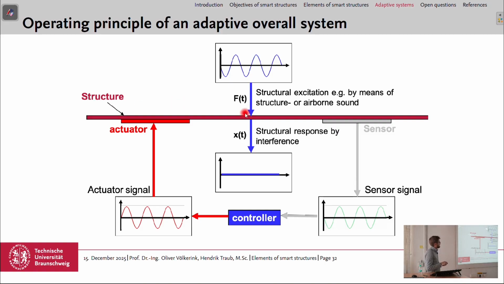You have a structural excitation, for example, structure-borne vibration or airborne sound or thermal loading, which is disturbing the structure. This disturbance is recorded by the sensor, and the sensor signal then goes through the controller to the actuator, generating the actuator signal and then controlling the actuator.